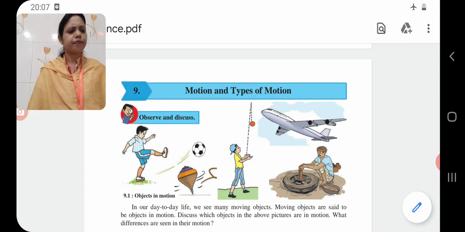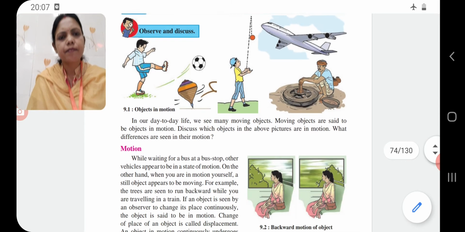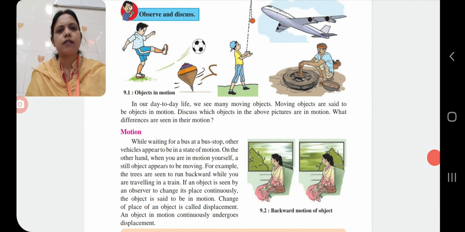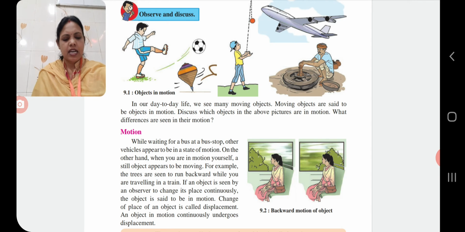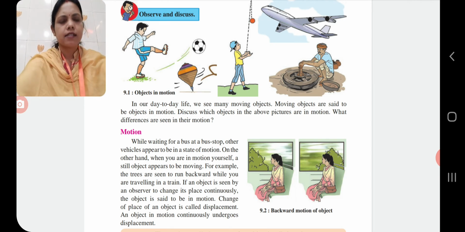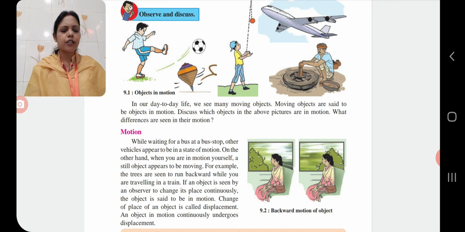So children, now we are going to see motion. While waiting for a bus at a bus stop, other vehicles appear to be in a state of motion.